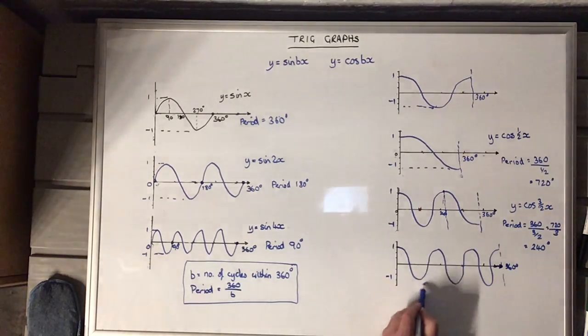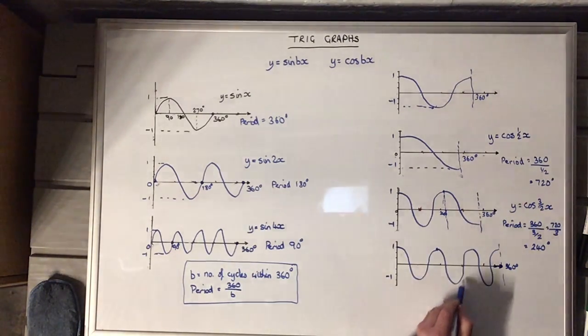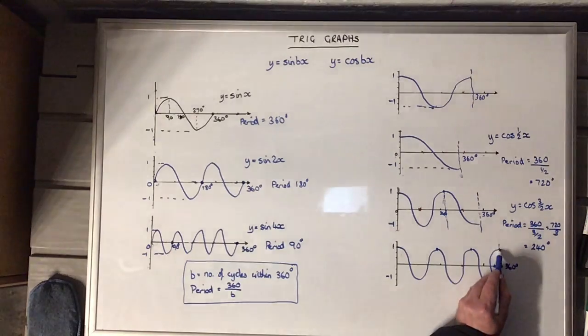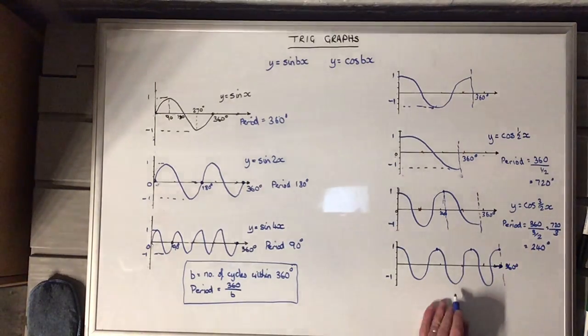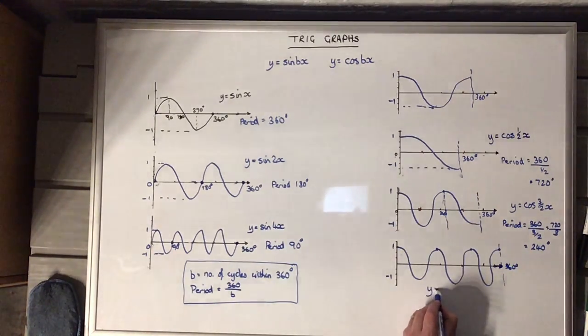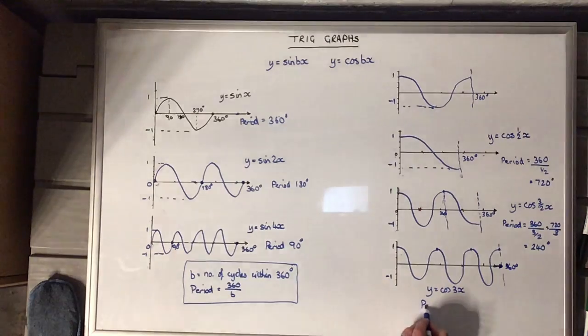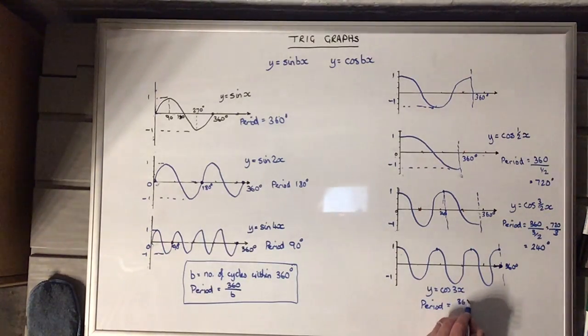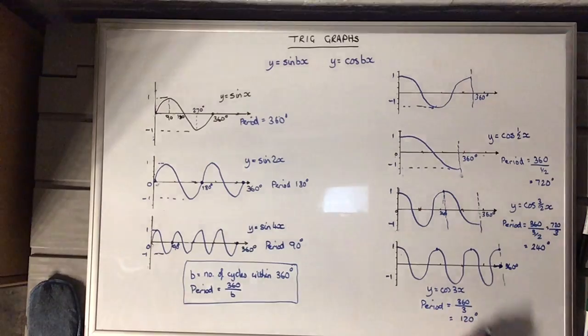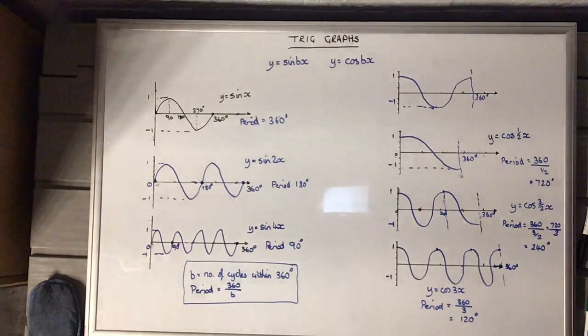Well, 1 cycle to here, 1 cycle to there, and then another cycle. So 3 complete cycles. So this graph would be y equals cos 3x. And the period for this one is equal to 360 over 3, and that equals 120 degrees. So the period for that wave is 120 degrees.